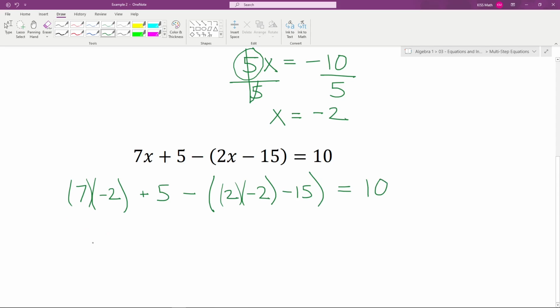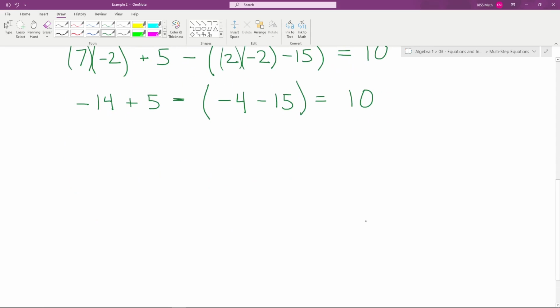So 7 times negative 2 is negative 14, plus 5, minus, parentheses, I'm going to do everything in the parentheses first here. So 2 times negative 2 is negative 4, minus 15. Still got the 10 down there. Okay, so I'll simplify as we go along.